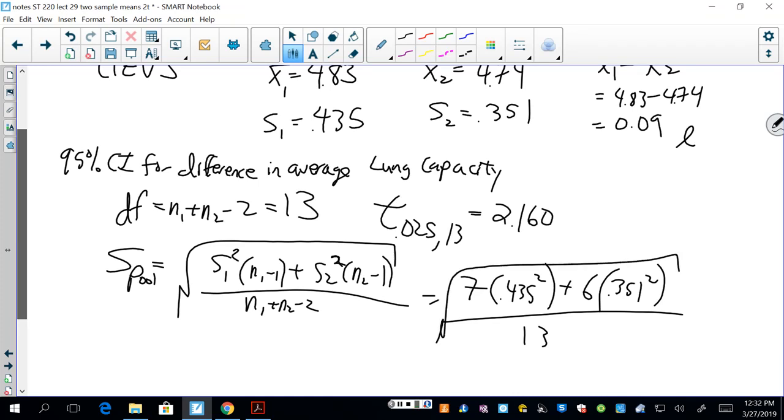So we have to do that. The pooled one ends up being 0.1628, but that's the variance. I said it the wrong way.